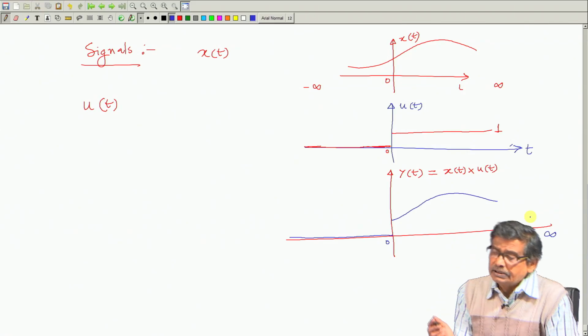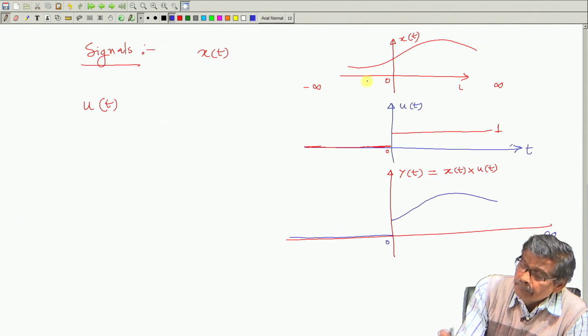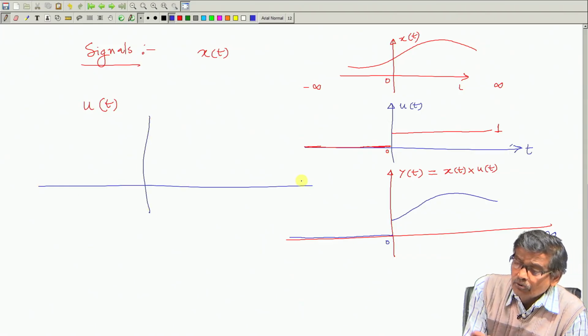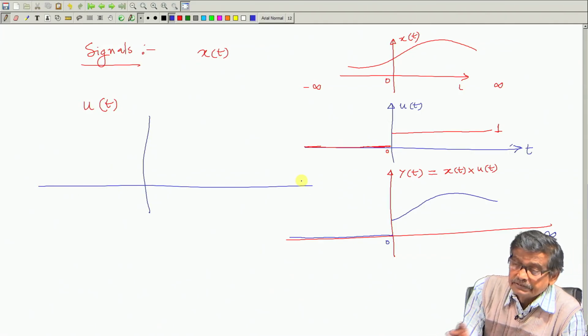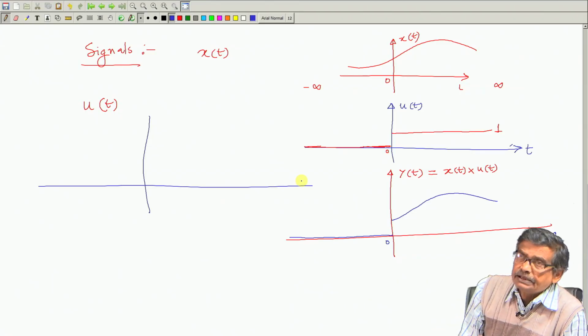Similarly, you recall that if you have an x(t) like this, we will be dealing with functions now which exist for t greater than 0.